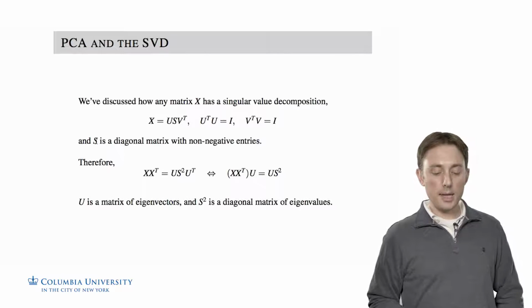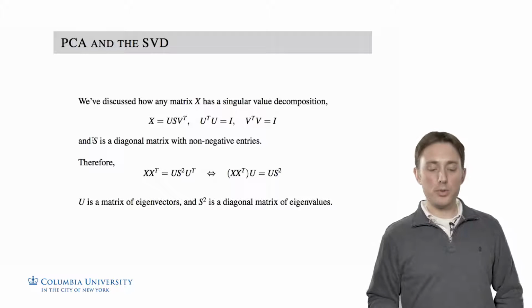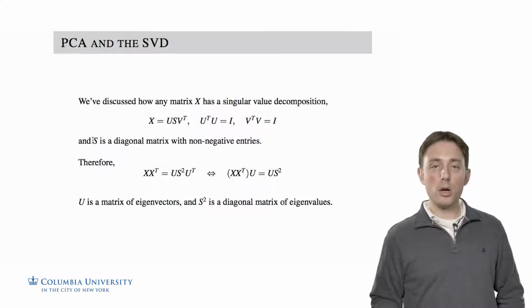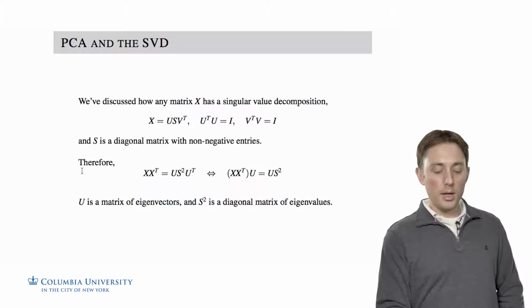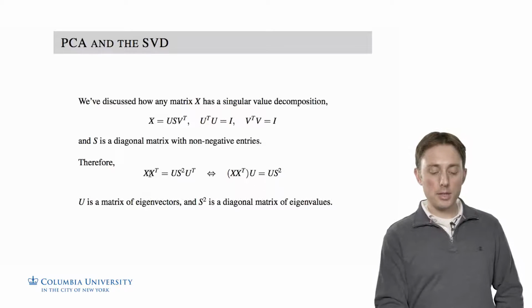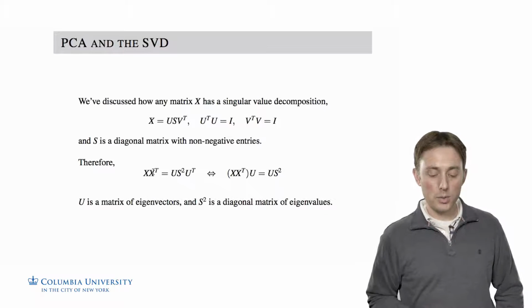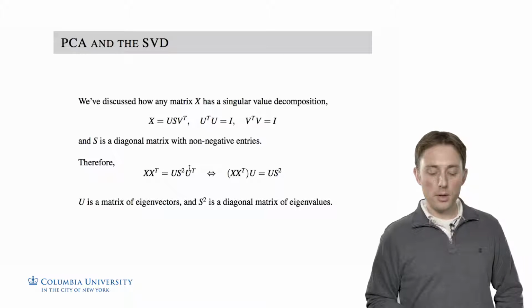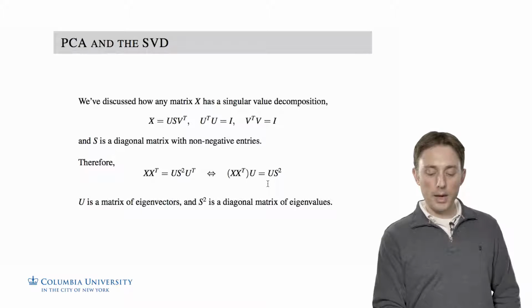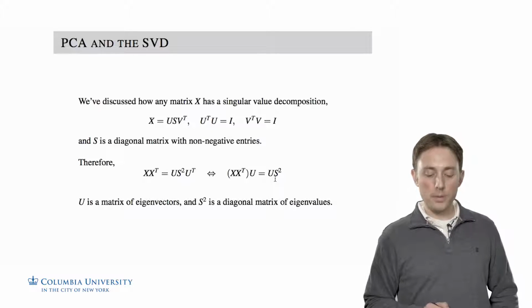Also, S is a diagonal matrix, so all the values in it are 0 except along the diagonal, and all the values along the diagonal are non-negative. Therefore, this matrix X times X transpose, which is what we want to learn the eigendecomposition of, is equal to U S squared U transpose. Similarly, X X transpose U is equal to U S squared.